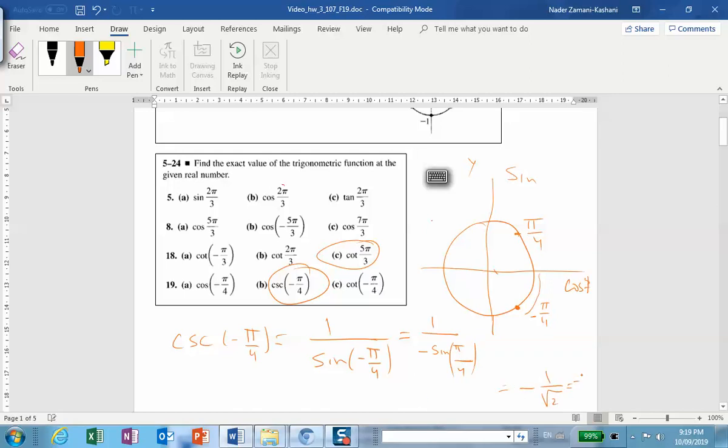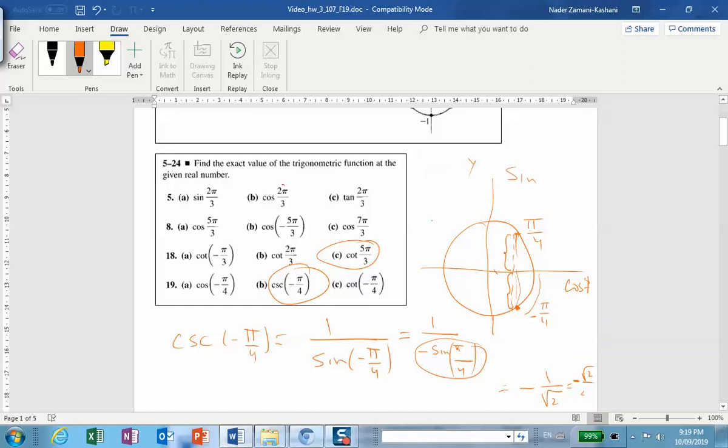Another way to justify that is, look, sine of minus pi over 4 is this much. Sine of pi over 4, which is the reference number, is that much. They're opposite to each other, and therefore this thing is minus 1 over root 2.